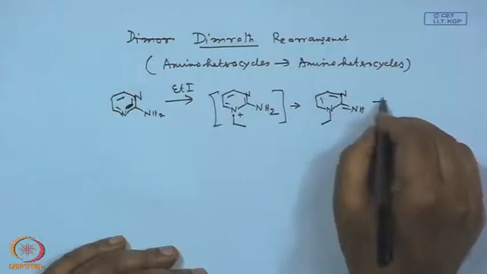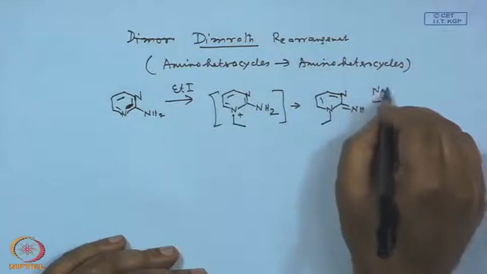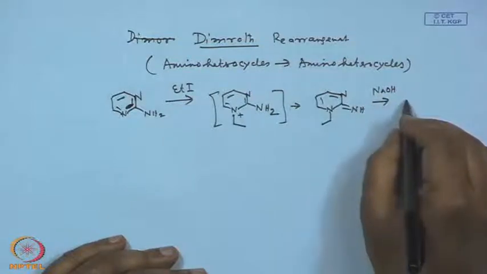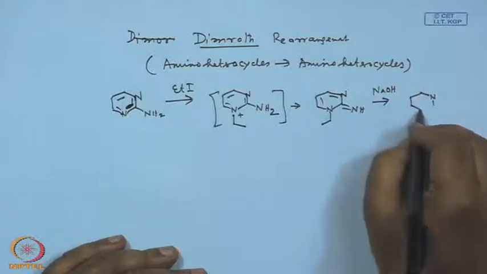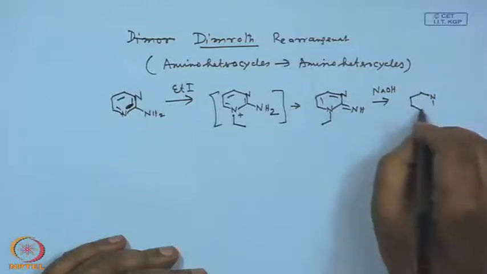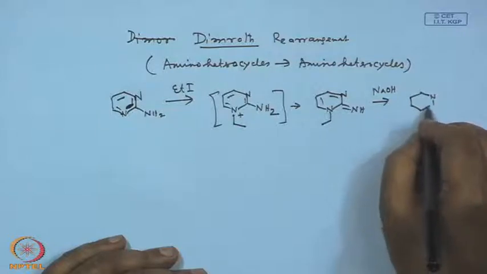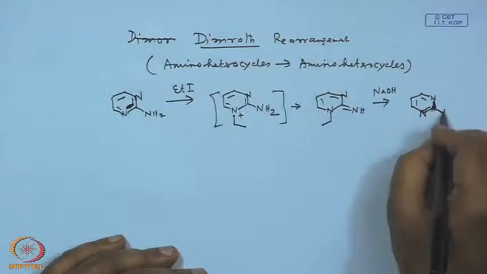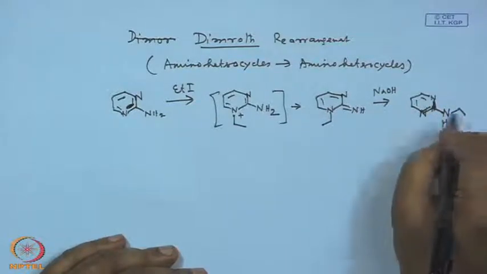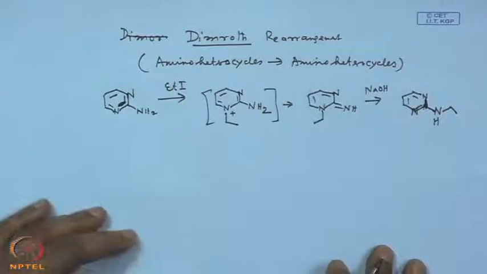Then if you treat this with sodium hydroxide, you will end up with the dislocation, or I should say translocation, of the nitrogen. So, eventually we will be getting NH and ethyl group here, NH and ethyl group here.